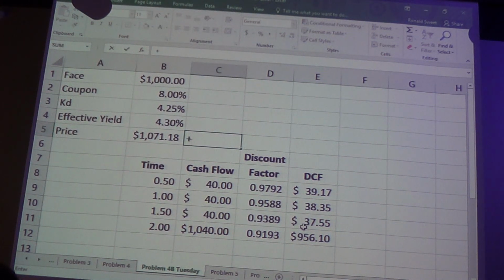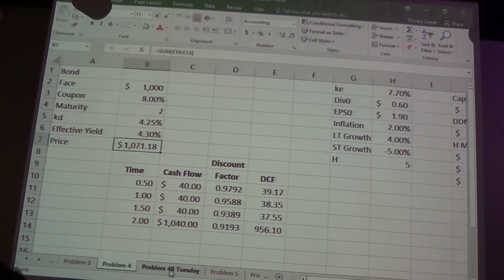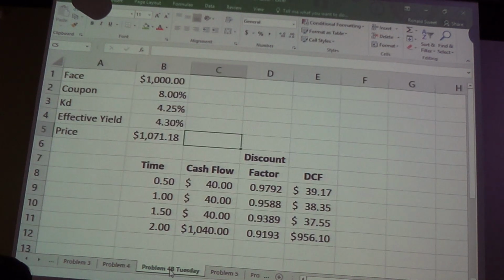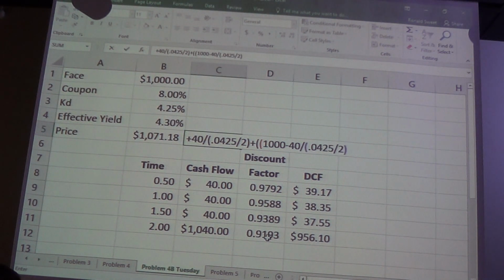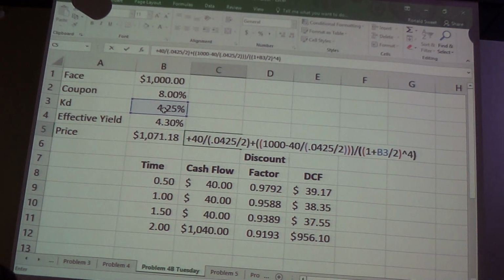And I'm going to double check it just to make sure. 1071.18, or if you want to, $40 divided by 0.0425 divided by 2, plus $1,000 minus $40 divided by 0.0425 divided by 2, divided by 1 plus 0.0425 divided by 2, raised to the 4.